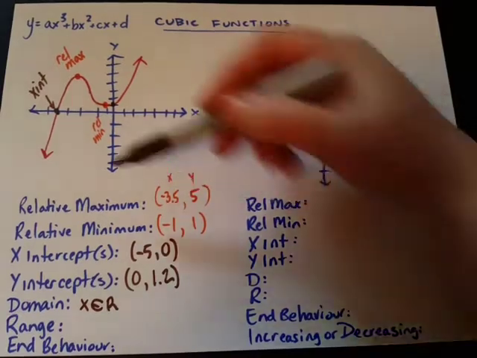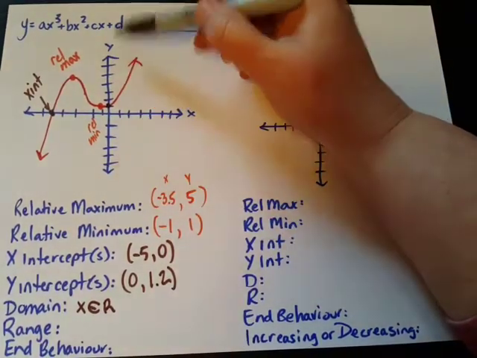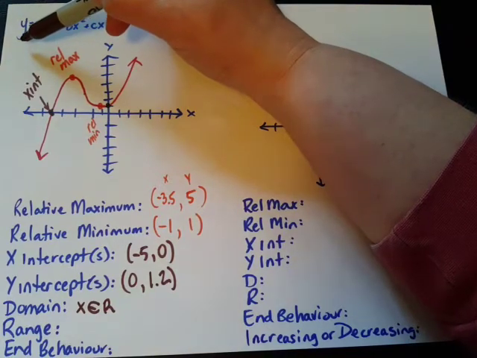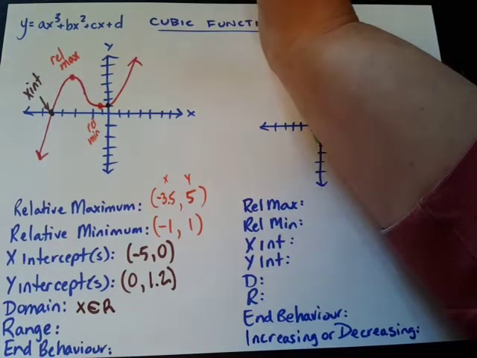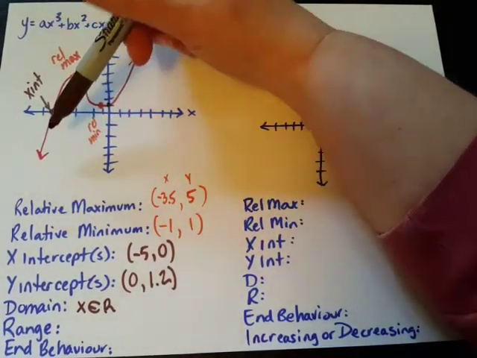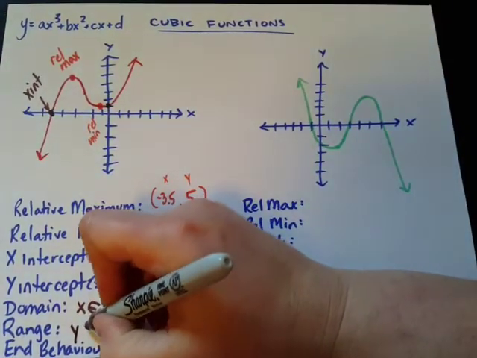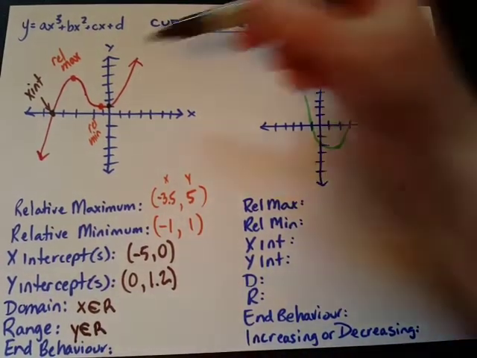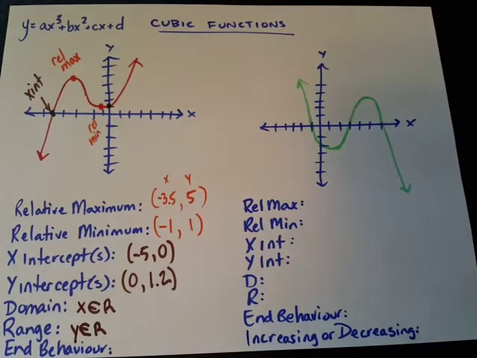The range: what numbers come out of this function? Can we make really negative numbers, like negative 1,000,000? Could we make a positive 1,000,000 from this? Because these arrowheads are extending up and down, everything's possible. So y is in the set of all real numbers. Y could be really big or really small.